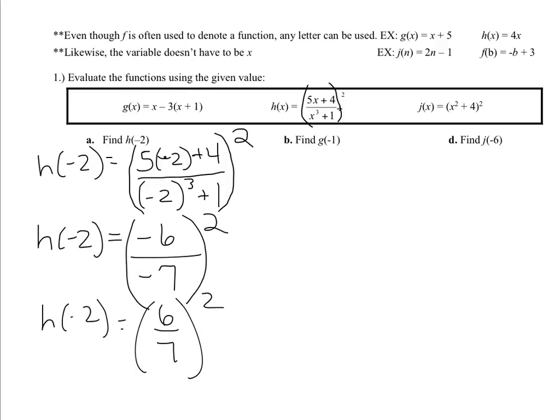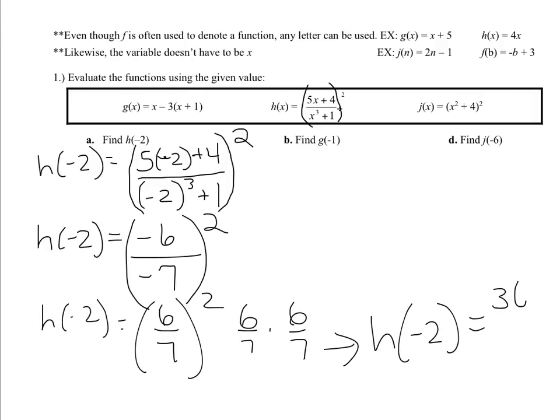Like a negative over negative is a positive. And so then when I do 6/7 squared, don't freak out, that's just 6/7 times 6/7. So the final answer, and I'm running out of room over here. I don't think you will be, but if you are, just write small. H of negative 2 equals 36 over 49.